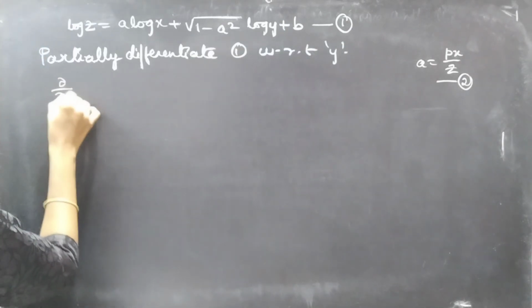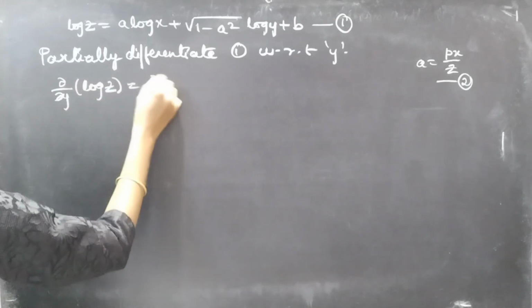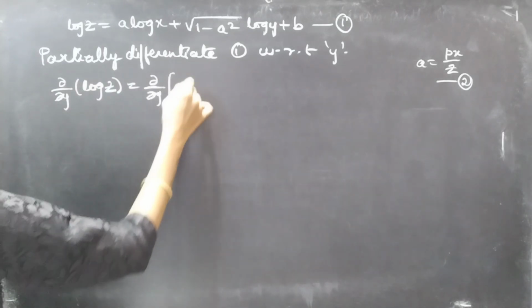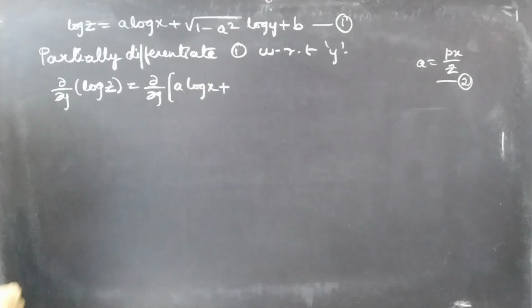Just apply dou by dou y on both sides of the equation. You can skip a few steps if you feel it's avoidable.